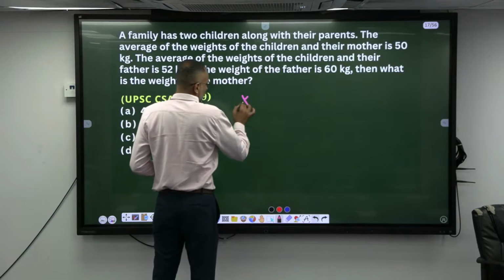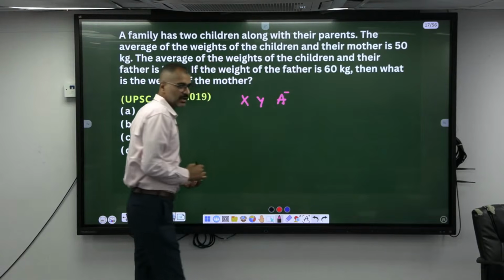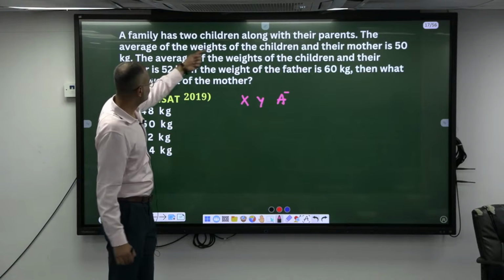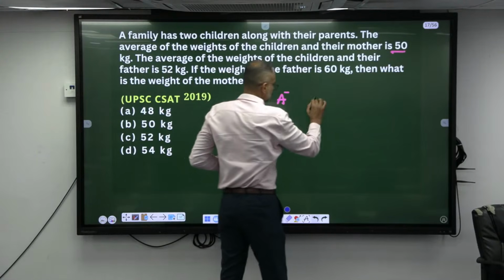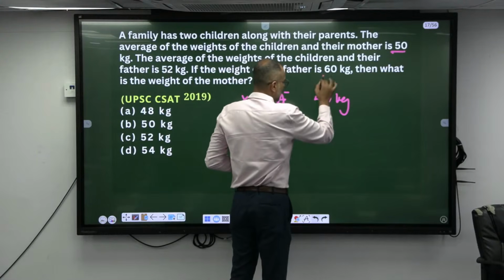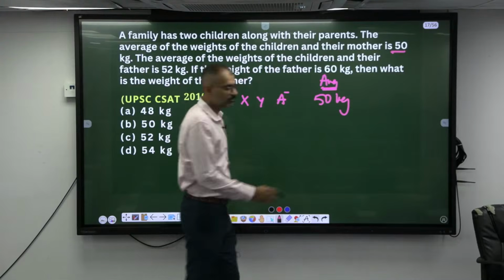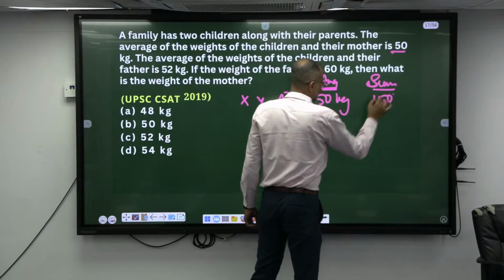Let's say the children are X and Y. A is the mother. Okay. What is their average, madam? The average of the weight of children and their mother is how much? 50 kgs. Is the average. 50 kg is the average, means sum of their weight is how much? 150 kg, 50 into 3, right?